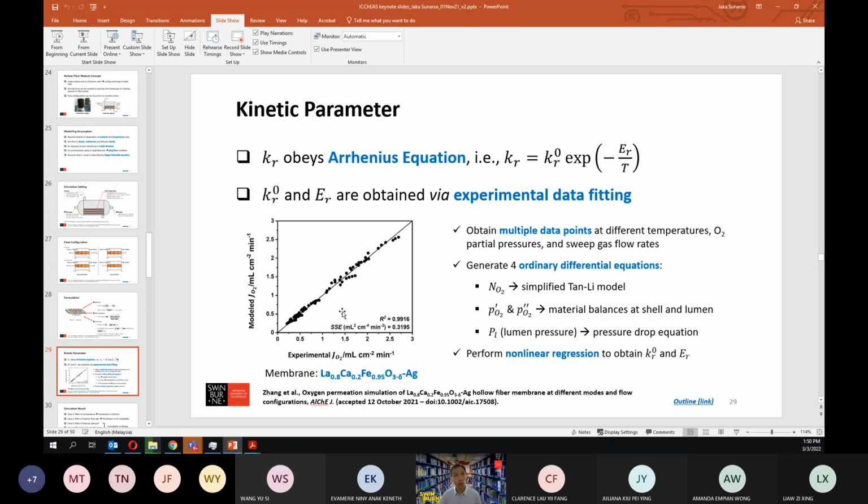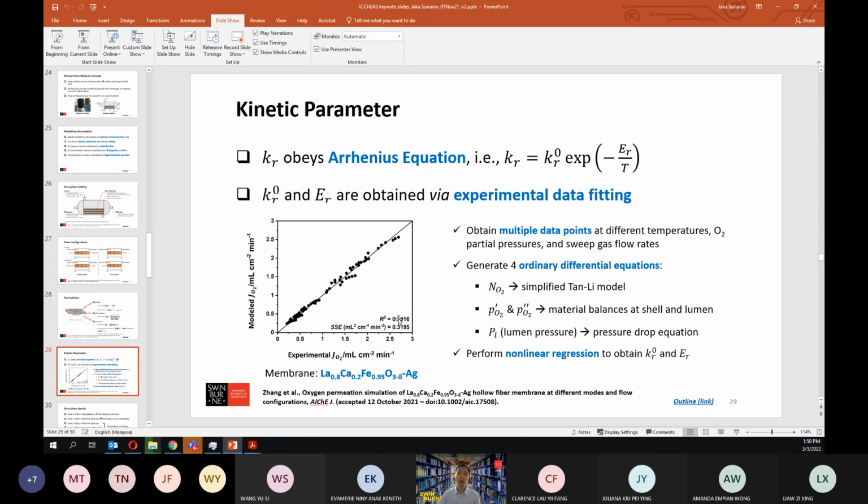So this is why we are doing it in here. We are interested because this one is the result from the model, and this one is the result from the experiment. When they all fit nicely within that 45 degrees line, it means your modeling fits well with your experiment. So these correlation coefficients will determine whether it's good or not.